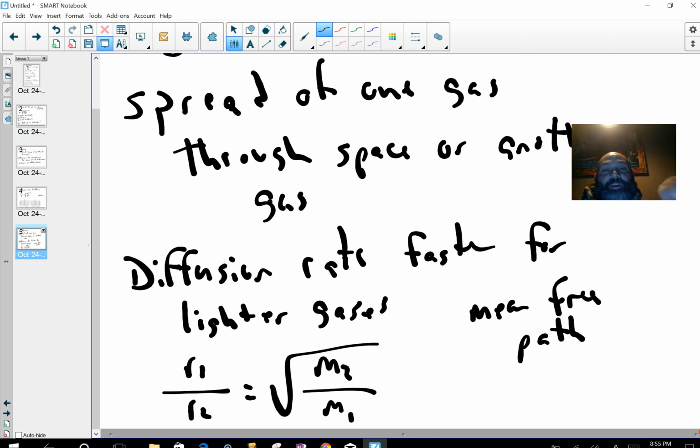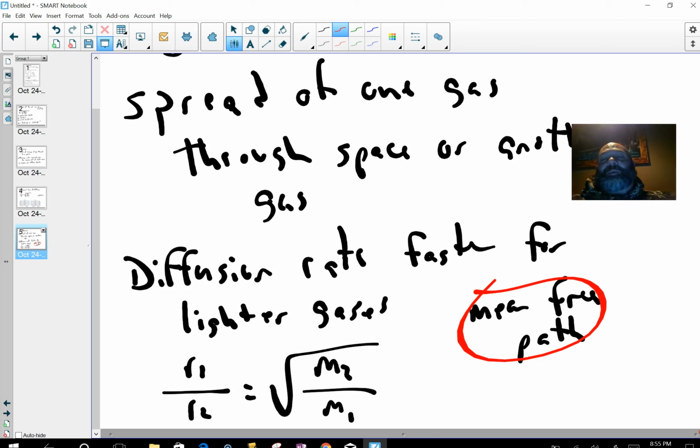Now I have circled over here something called the mean free path. Basically, the mean free path is the distance that a gas particle can move before it hits something else. Now if you're at sea level, then you have a pretty high density of gases. And so the speed of diffusion is going to be slower than those molecular speeds.